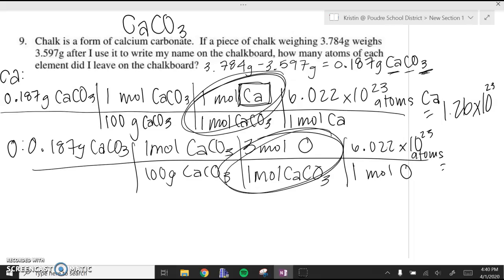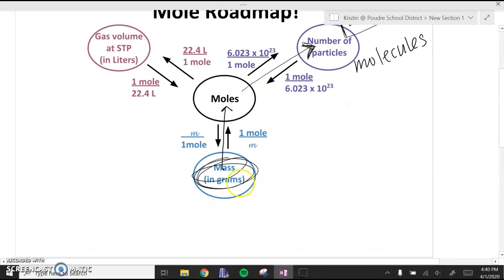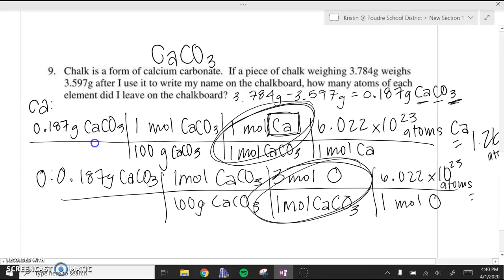And so, yeah, hopefully that clarifies this problem a little bit and clarifies how we use the roadmap. The roadmap is just telling us where we started, and then it's telling us what we should use to get to moles so we can change to whatever we want, right? So it's showing us, okay, if you're going from mass to moles, your molar mass should be on the bottom and your moles should be on top. And that holds true, right?